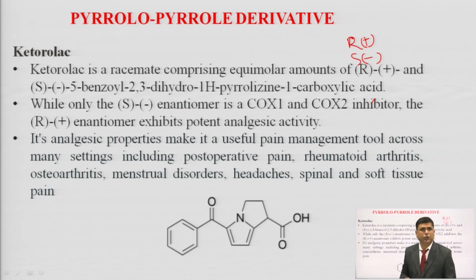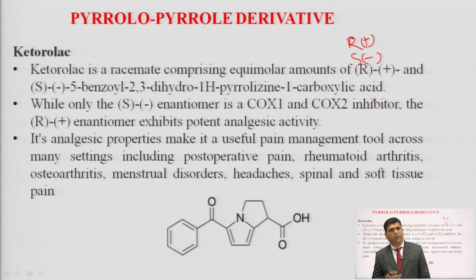Only the S enantiomer is a COX-1 and COX-2 inhibitor, but the R dextrorotatory enantiomer exhibits potent analgesic property.